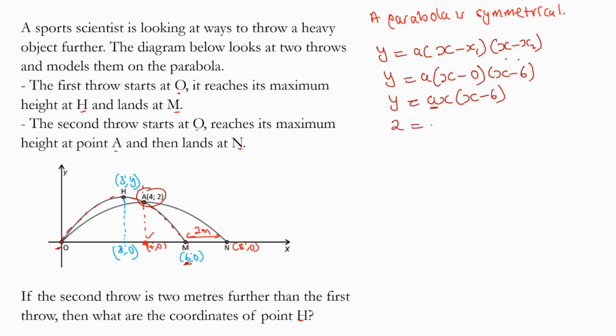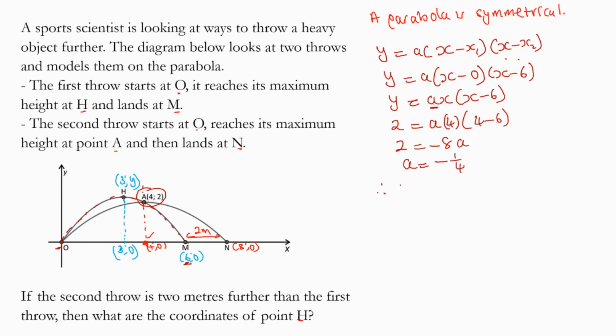So 2 is equal to a times 4 times (4 minus 6). 4 minus 6 is negative 2, and negative 2 times 4 is negative 8, so this is negative 8a. So a is equal to negative 2 over 8, which is negative 1 over 4.